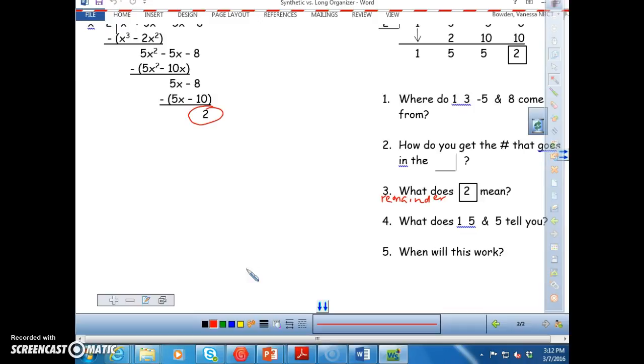What does the 1, 5, and 5 tell us? It's the quotient. It's the coefficients of the quotient.